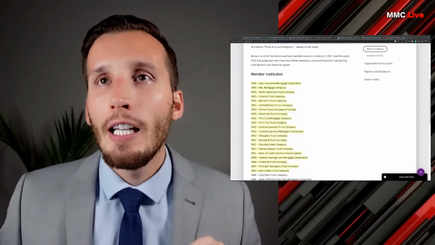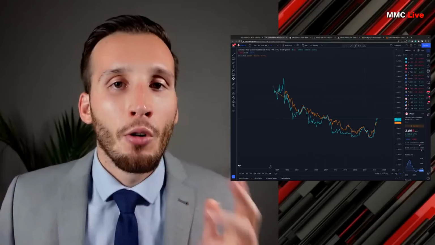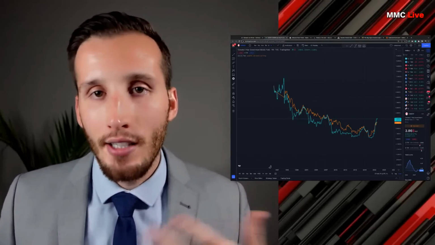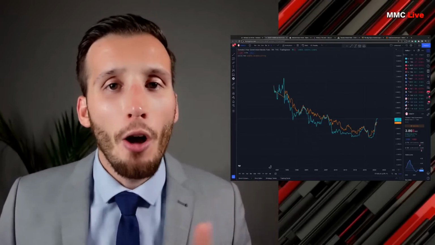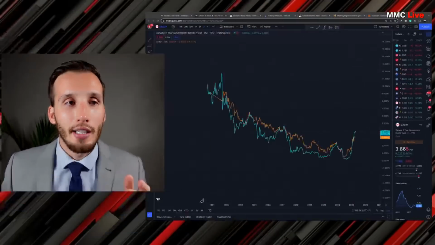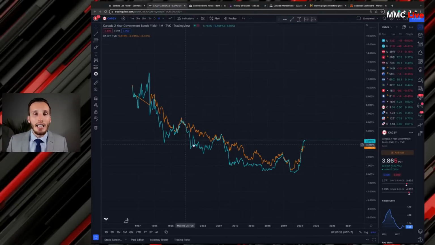And not only is this highly predictable, the yield curve, you can also look at other countries and see how inverted it is in comparison. And we know, for instance, with the United States, that it isn't as bad as it is in Canada.